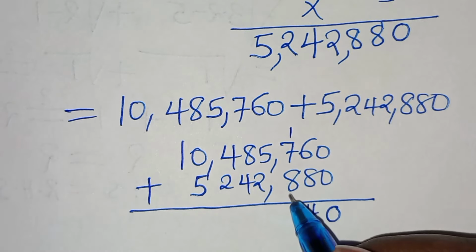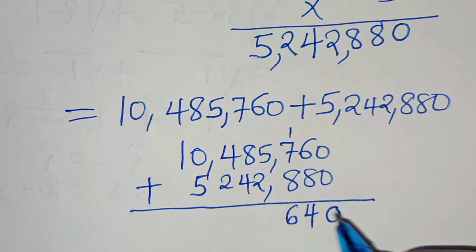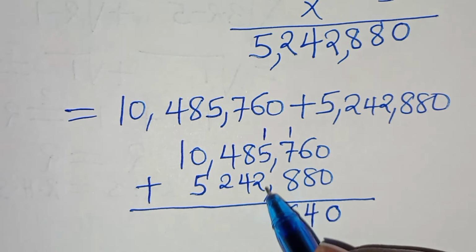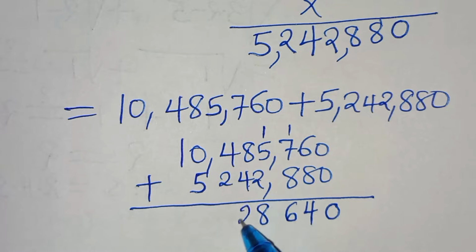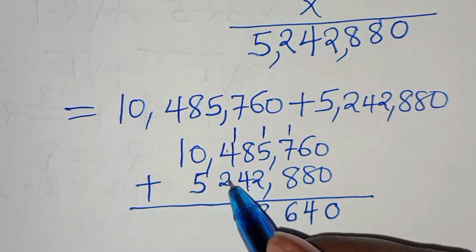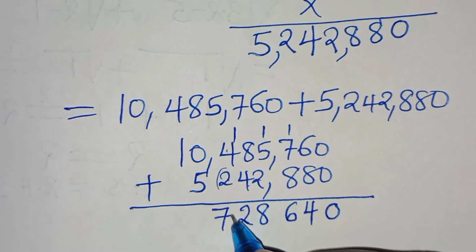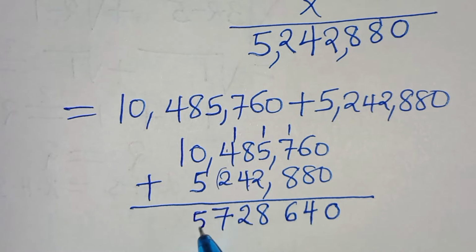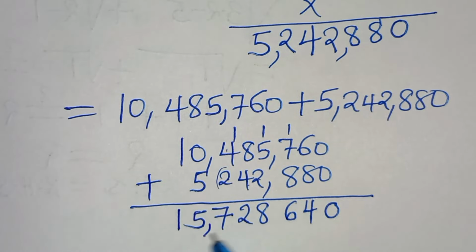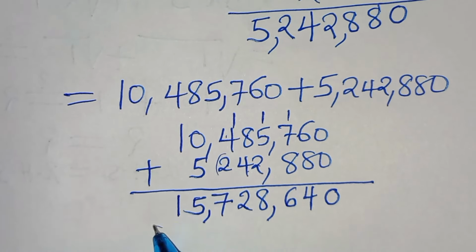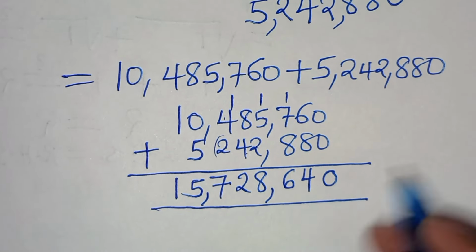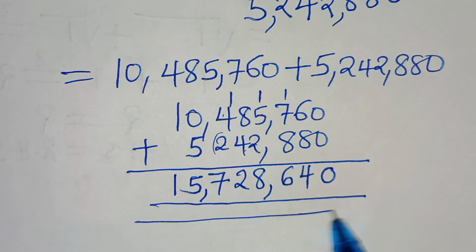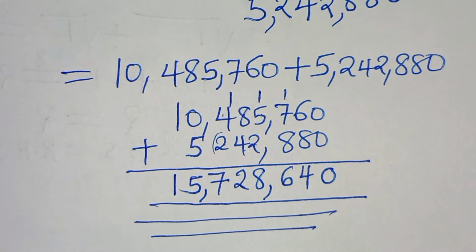Carry 1 here. So this is 8 plus 8, which is 16. Carry 1 here. Then 5 plus 2, this is 7, plus 1, this is 8. Then 8 plus 4, this is 12. 2 carry 1. Then 4 plus 2, this is 6, plus 1, this is 7. Then 0 plus 5, this is 5. Then we have 1. So this is 15,728,640. And this is the solution to this math problem.